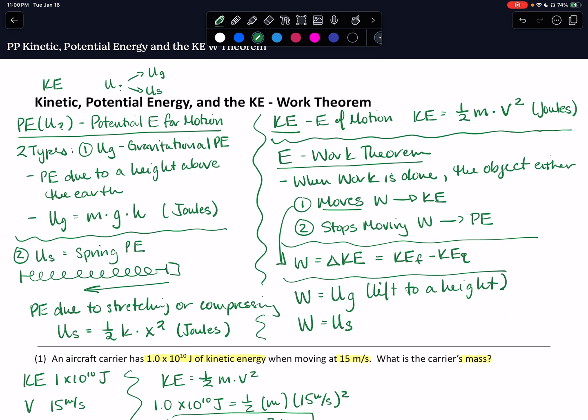And then we can talk about converting work into kinetic energy by having an object that's not moving go into motion, or an object that is moving increase or decrease its motion. Or we can take that work and convert it into potential energy by moving an object, either by lifting it or by expanding or compressing a spring, and then it is now potential energy.